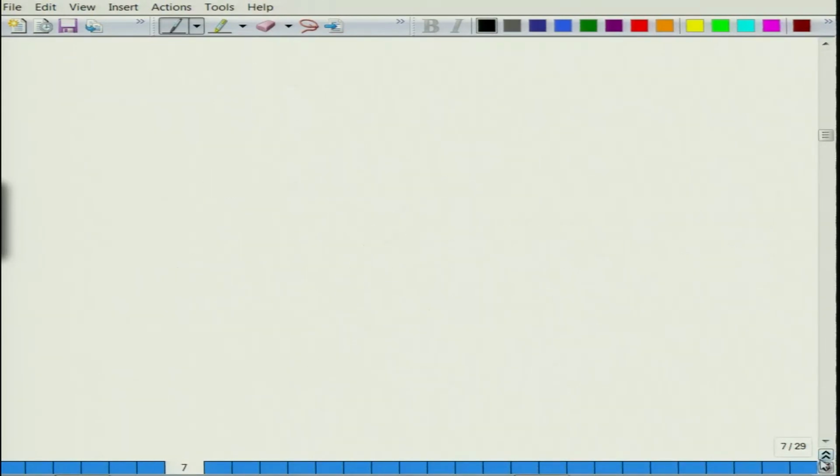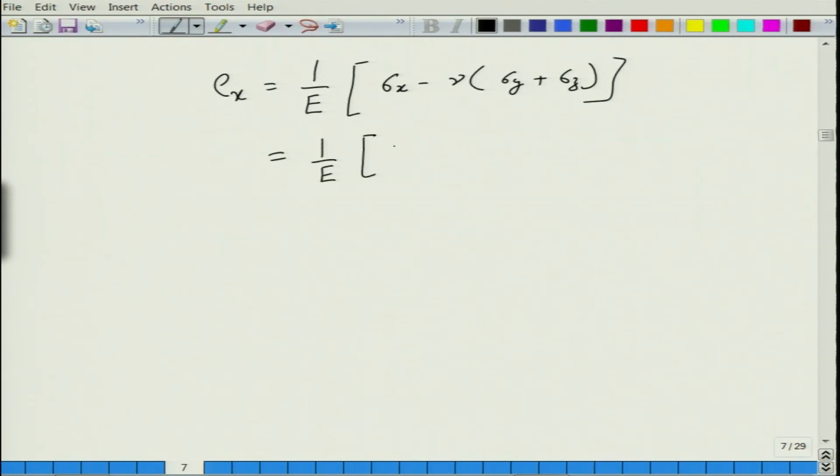So, here now we can determine what Ex is. Ex can be determined as 1 over E times sigma x minus nu times sigma y plus sigma z. Now let us replace all these values here.